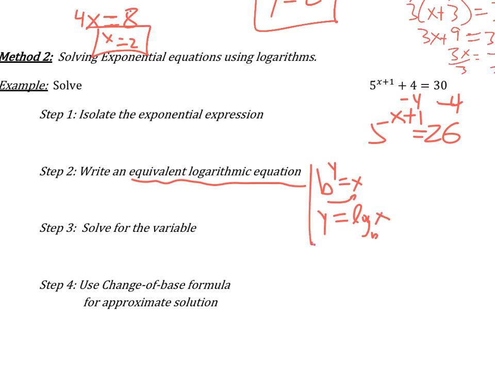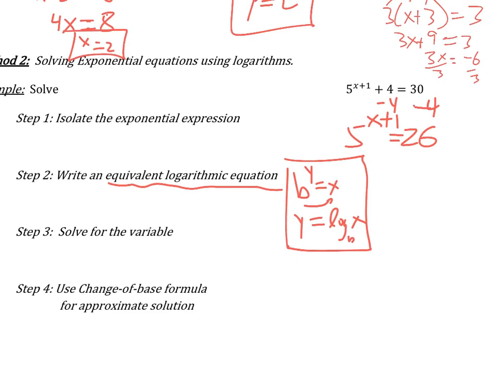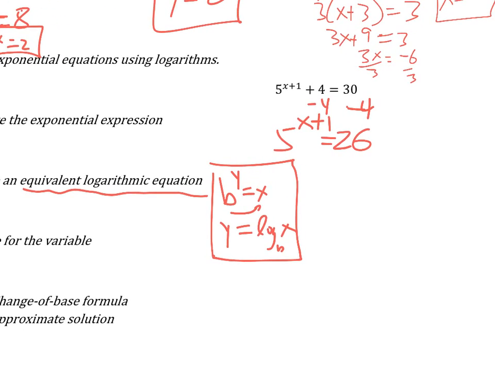So these two things are interchangeable. That's kind of a key property there. Okay, so what we need to do is we need to take our base here, and we're going to swing it around. We're going to write this as a logarithm. So we can say x plus 1 is log base 5 of 26.